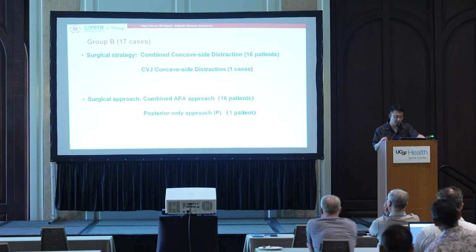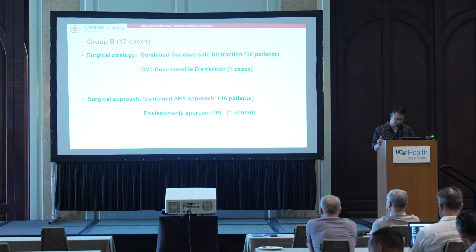And in Group B, 17 cases were combined with scoliosis in the CVJ region and in the subaxial cervical spine. The vast majority of these patients underwent combined distraction procedures using an anterior-posterior approach. This approach was primarily determined by the need for anterior release and distraction in the subaxial cervical spine to achieve adequate deformity correction.